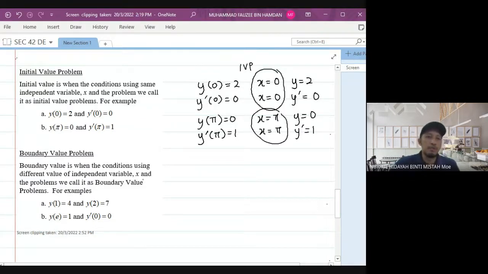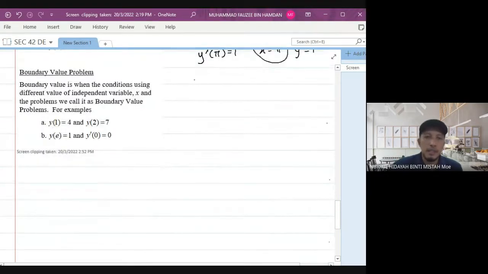Boundary value problem, we use different values of the independent variable. We call it a boundary. For example, if we mark this as x, since we use different values of x, it looks like a boundary. For example, y(1) equal to 4.